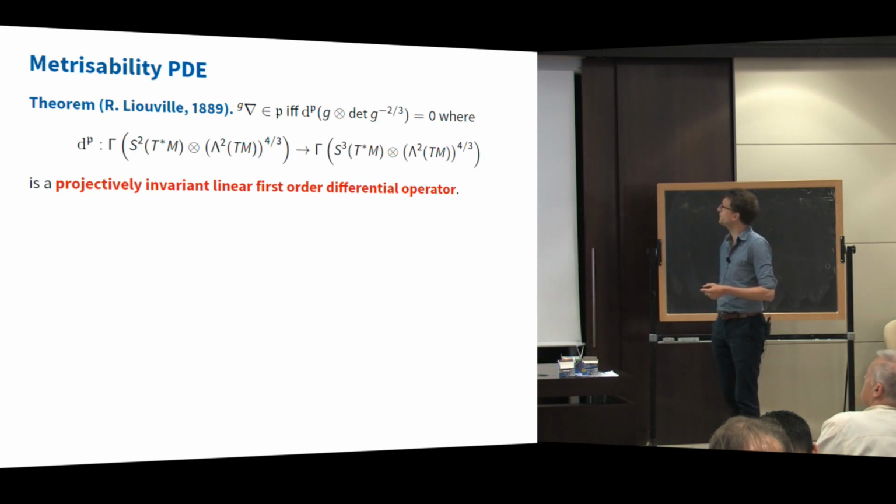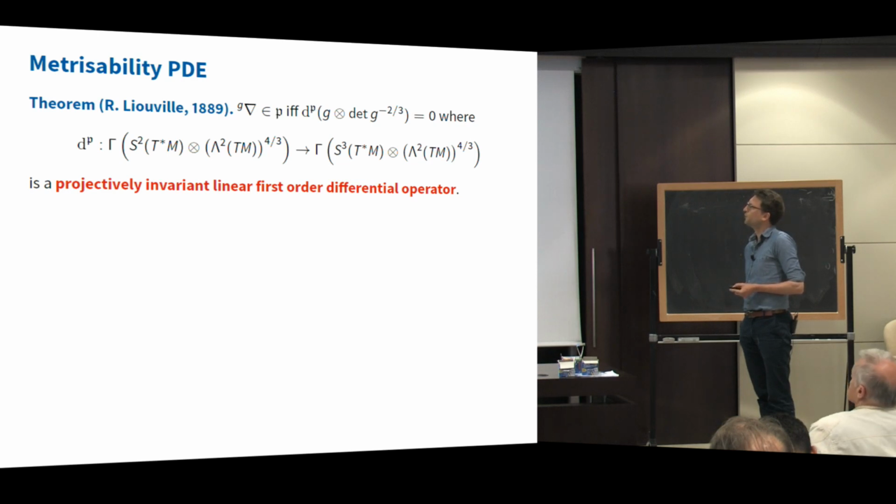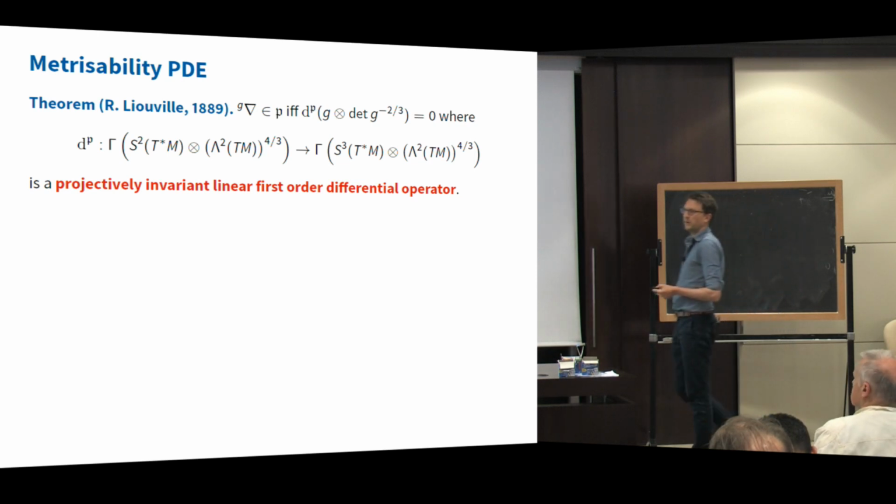What he observed, formulated for the case of 2 dimensions, is that the Levi-Civita connection of some Riemannian metric lives in the projective class if the metric multiplied with this weight here is in the kernel of a certain first order linear differential operator.